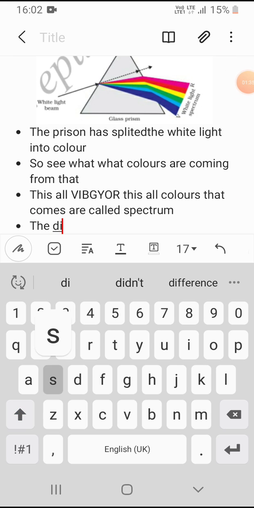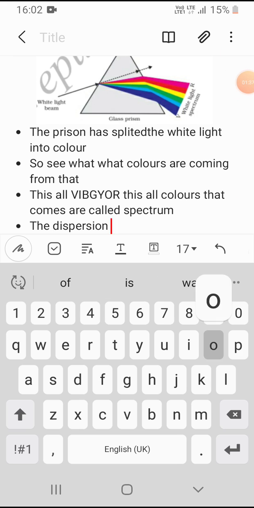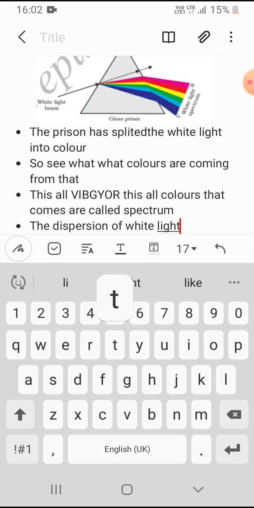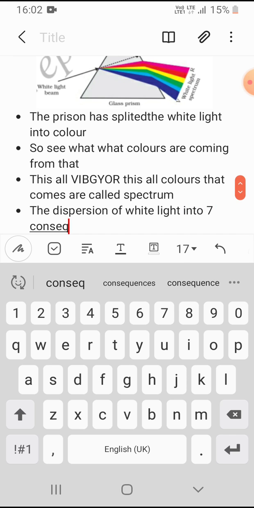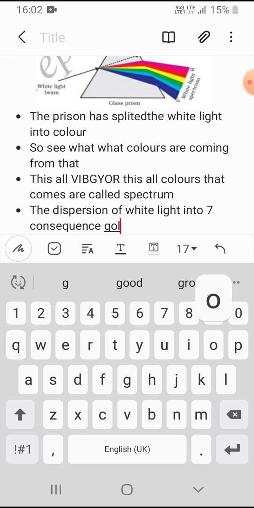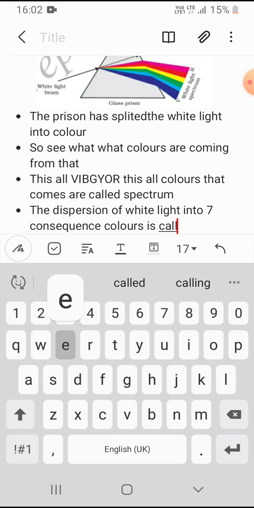The dispersion of white light into 7 consecutive colors is called dispersion. What is dispersion?